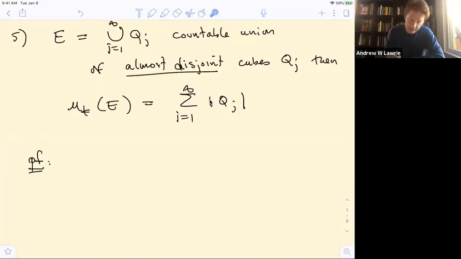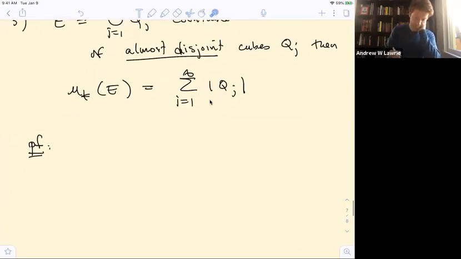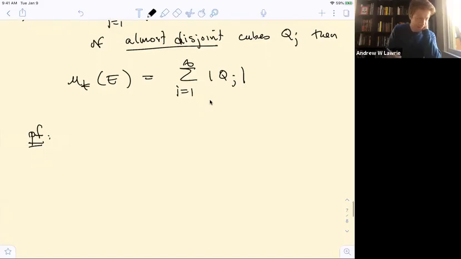But we were worried that it was unclear if the measure of the open set depended on which countable union of closed cubes we chose. This is now proving that it is independent. The exterior measure is independent of which countable almost disjoint union of closed cubes we chose to be equal to our set, or open set. I'll say that again at the end.